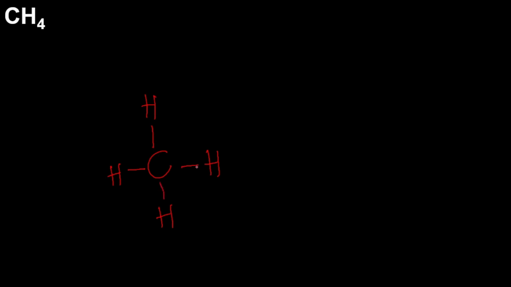Let's check: hydrogen 1, 2, happy; 1, 2; 1, 2; 1, 2; carbon 1, 2, 3, 4, 5, 6, 7, 8. So this is the Lewis dot structure, or the electron dot structure. Next, let's go to the VSEPR, or the 3D shape of this molecule.